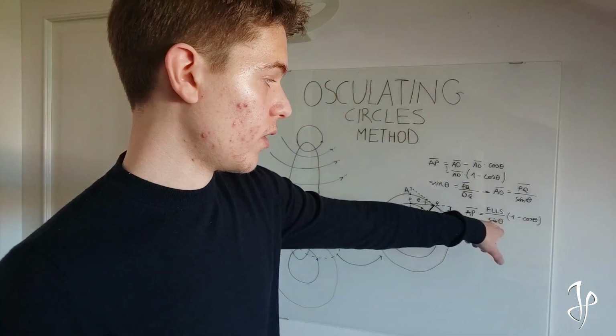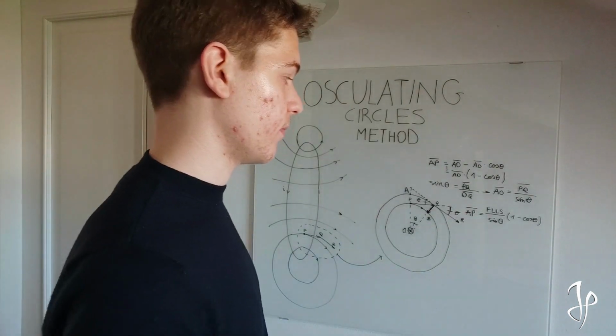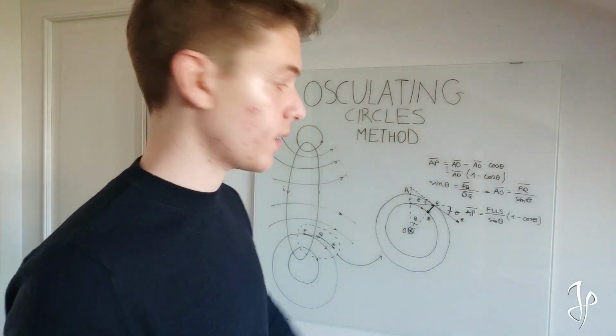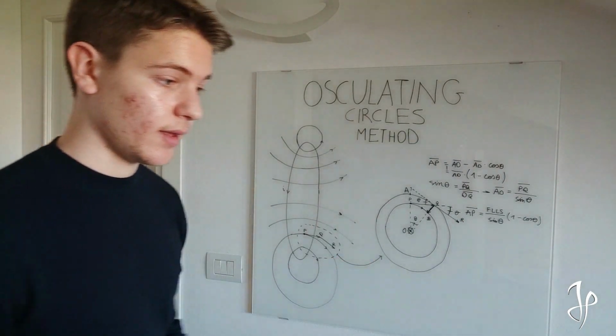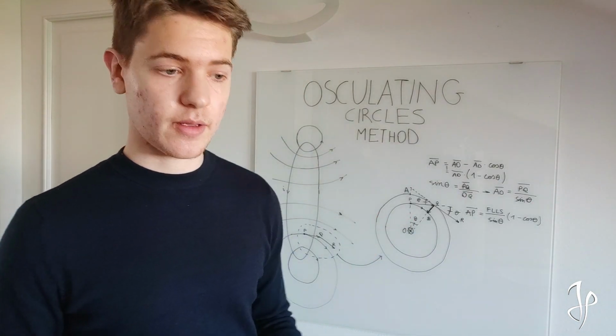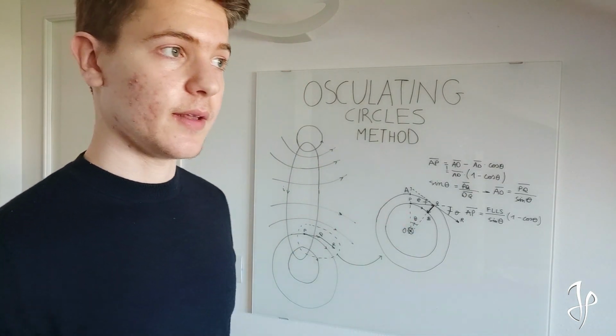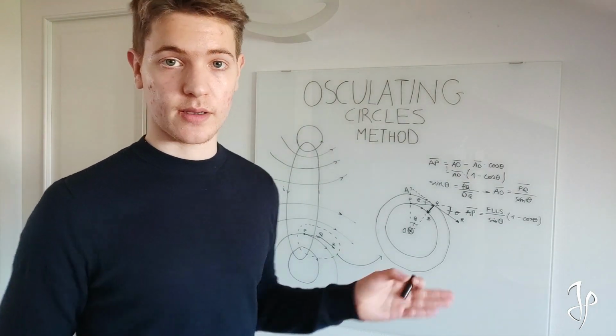And you have all the information you need, and therefore you can actually evaluate this value right here. So you can evaluate the length of the translation, and then you can also easily compute the direction, so the vector associated to this translation.